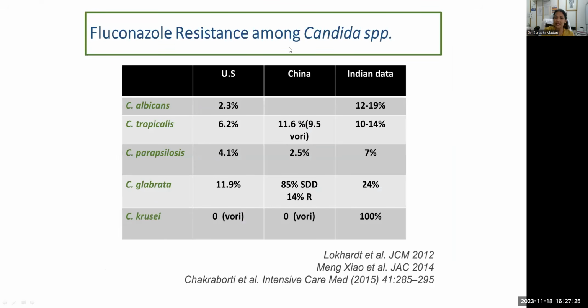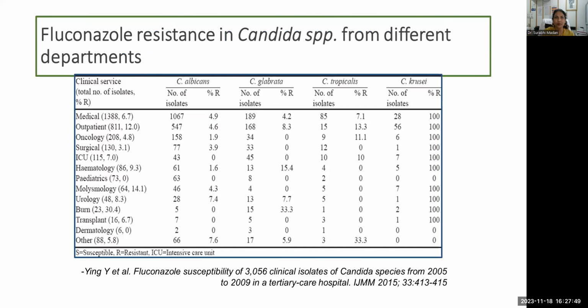And then there is this study later on from the same group where you can see that if we compare the Indian data as compared to the Western data, our rates of azole, especially the fluconazole resistance, seem to be high. And in Candida krusei, as we know, fluconazole has got 100% resistance, and in Candida glabrata, there is a dose-dependent sensitivity.